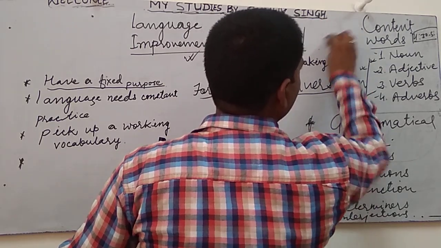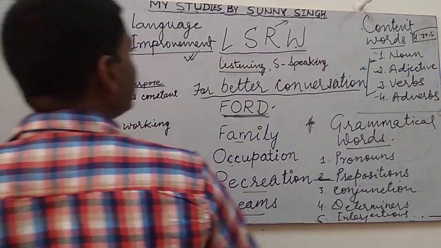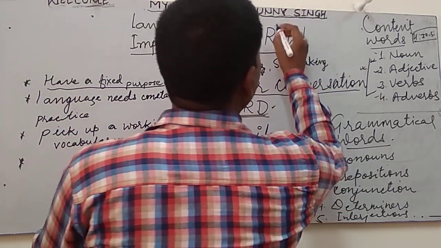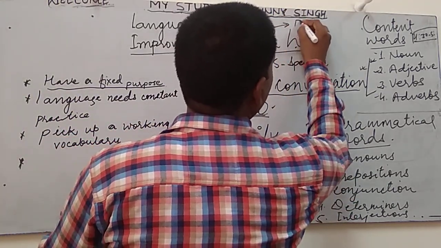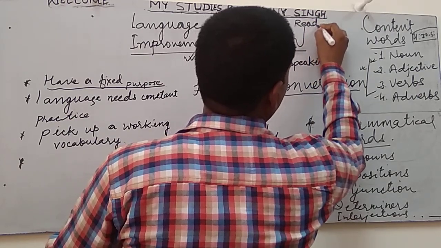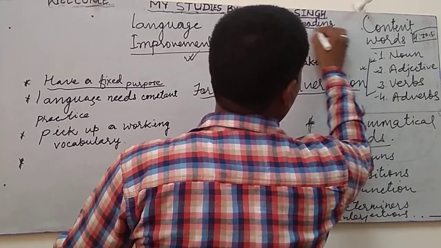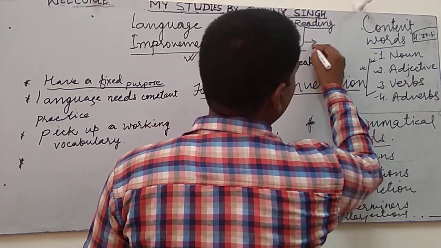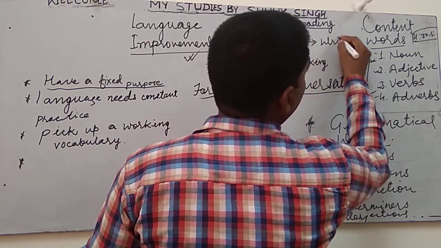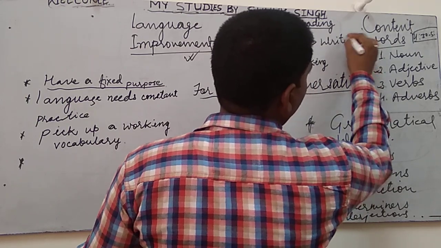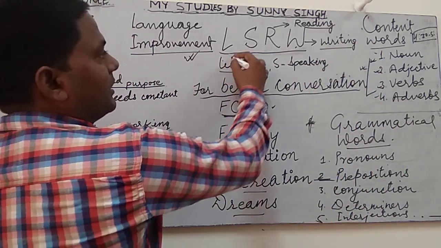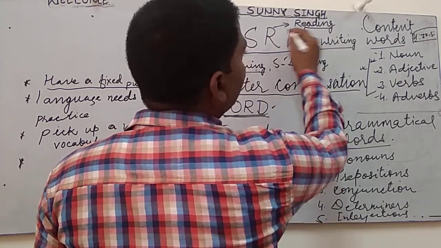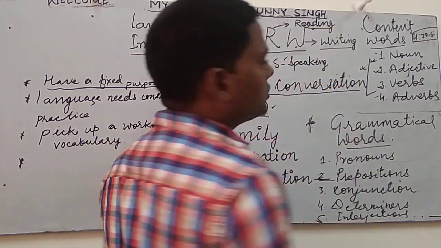And I will tell you how important reading is, how required and essential a part reading is. R for reading, which I will talk about separately, and then W stands for writing. It means L, listening, S, speaking, R, reading, and W, writing.